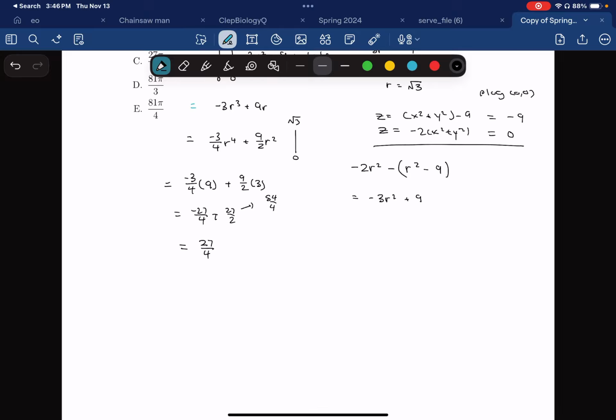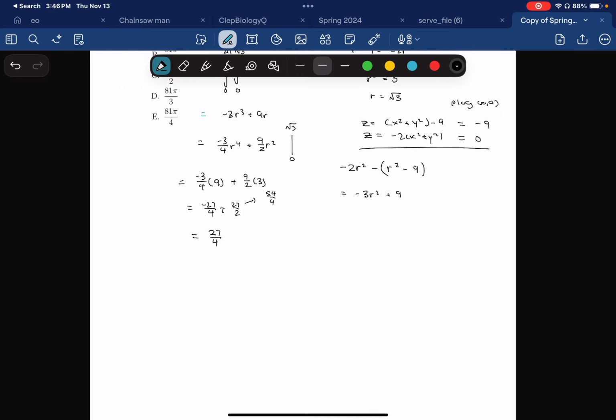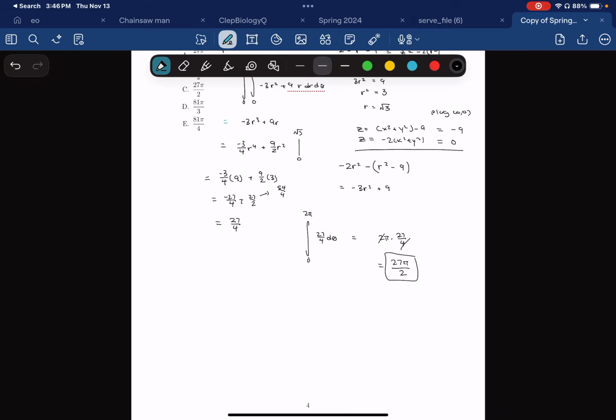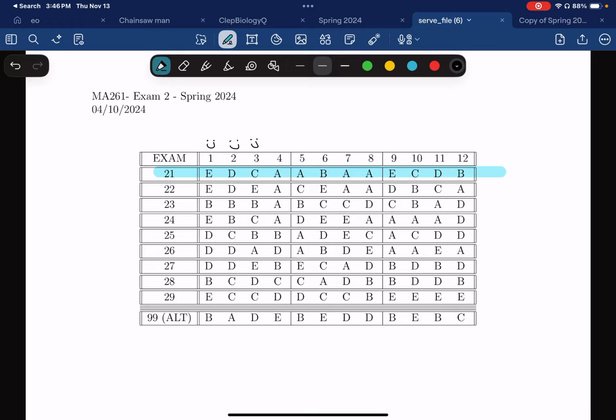So in this case, positive 27 over 4. And now we just have to evaluate that from 0 to 2 pi, 27 over 4 d theta, which would simply get you 2 pi times 27 over 4. I'm just going to take those two out by getting 27 pi, and the bottom becomes a 2. So 27 pi over 2, which is answer choice C, which in this case is our correct answer.